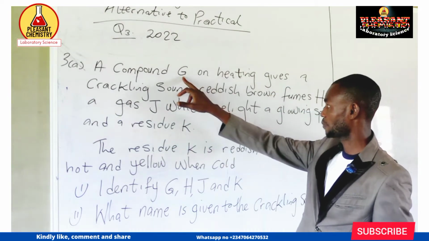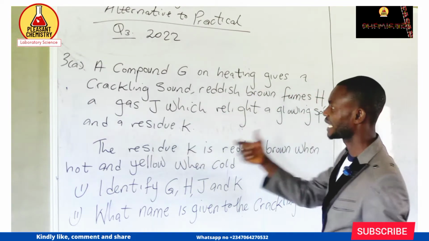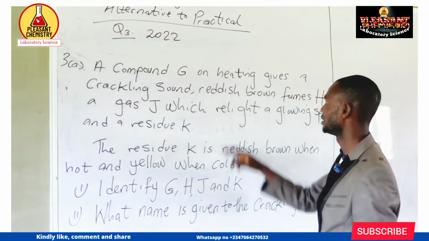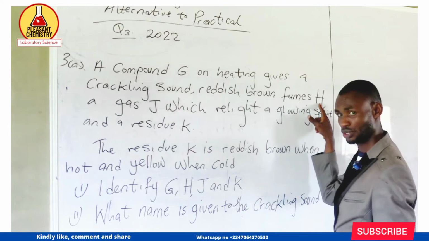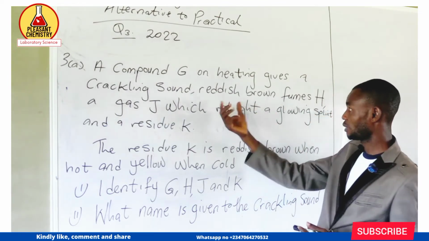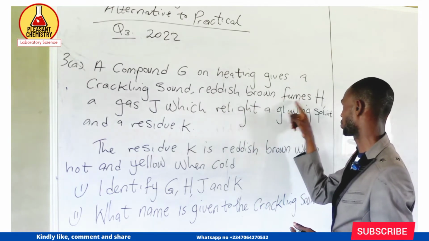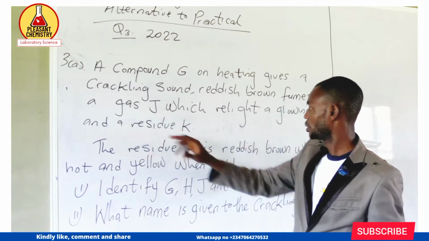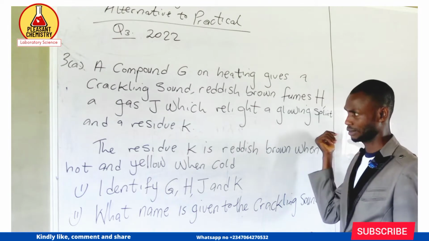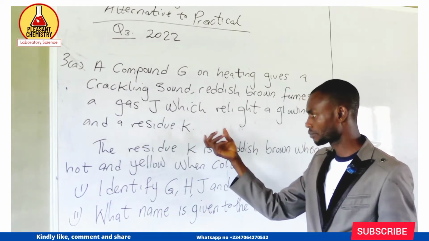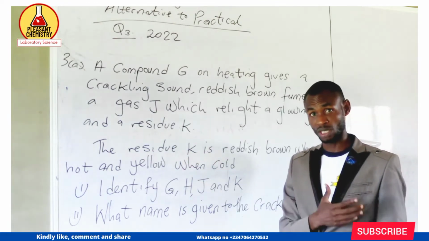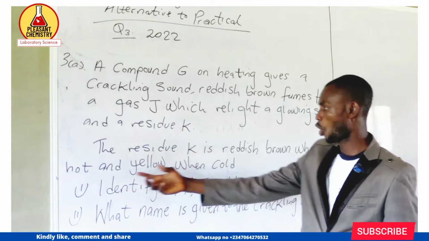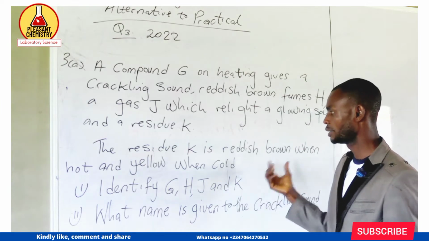A compound G on heating gives a crackling sound, a reddish brown fume H, another gas J which will relight a glowing splint, and a residue K. The residue K is reddish brown when hot and yellow when cold.